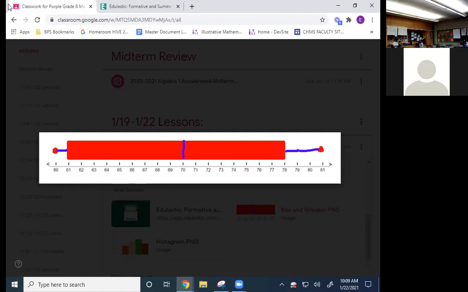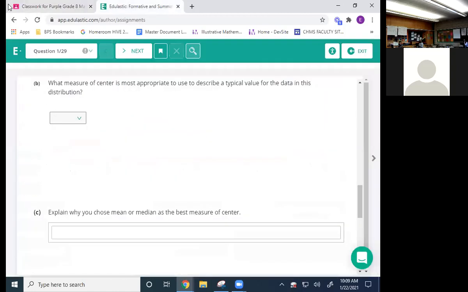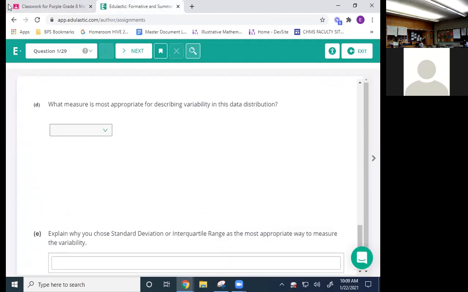When one end of our box plot, like one whisker, is longer than the other, that's skewed. So that means we use our median. Then which measure of variability goes hand in hand with our median? Because we're choosing our median for our data since it's skewed, is it going to be our interquartile range or our standard deviation?